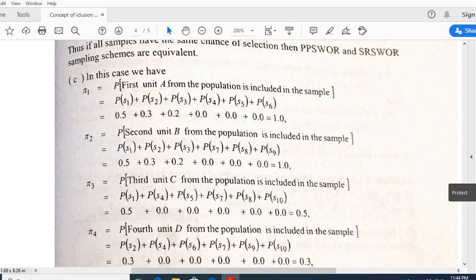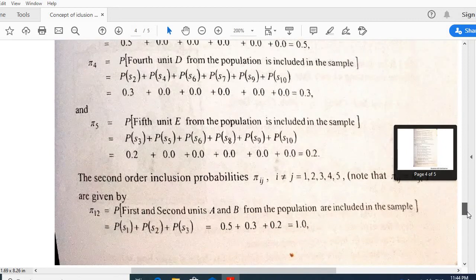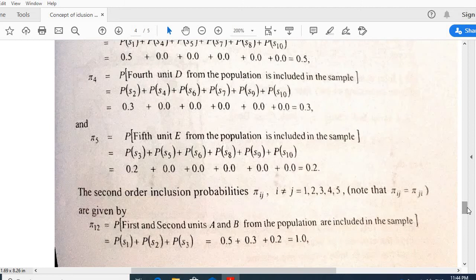Pi 3 is equal to 0.5. Pi 4 is equal to 0.3. Pi 5 is equal to 0.2. Similarly, we calculate the second order inclusion probabilities. Pi 5 is the probability of S3 plus S5, S6, S8, S9 plus S10.